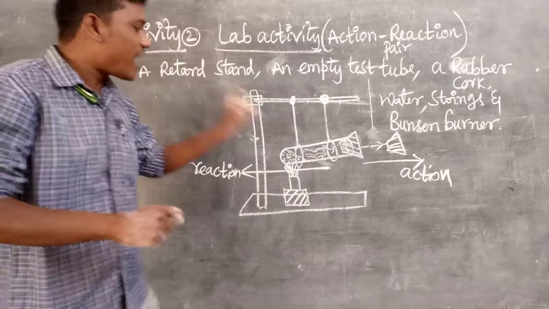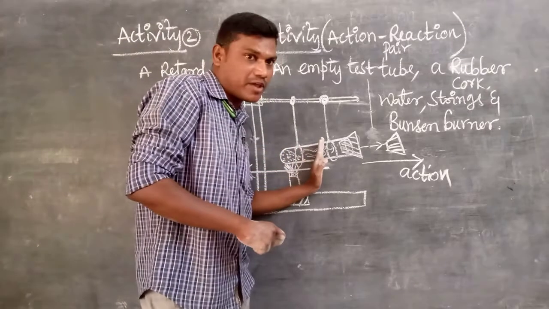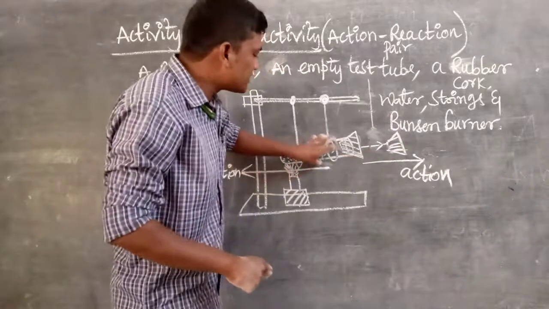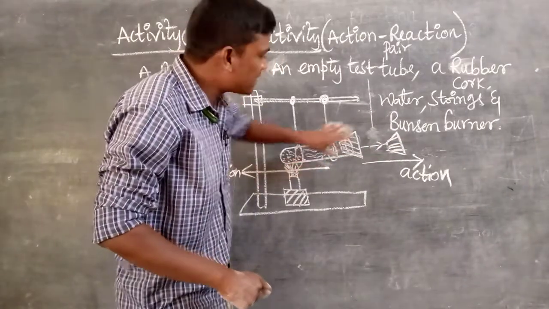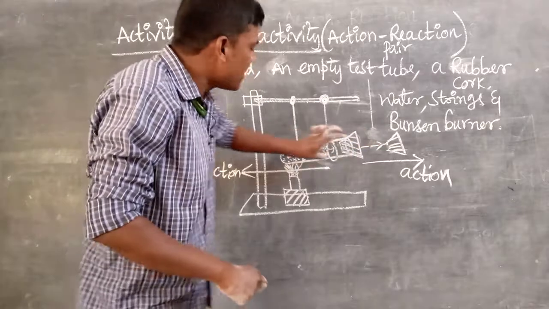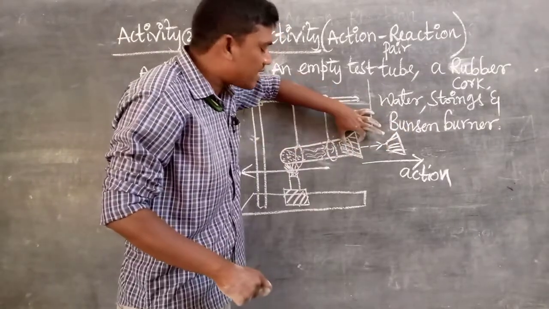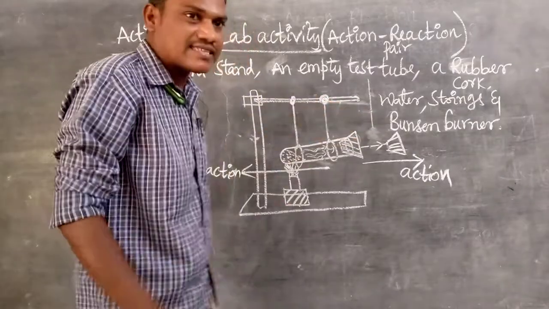Due to that, the water vapor will try to come from here to here. It is a higher vapor pressure here and a lower vapor pressure there. That's why this higher vapor pressure will try to move to the lower vapor pressure. What is here? The rubber cork acts as an obstacle.